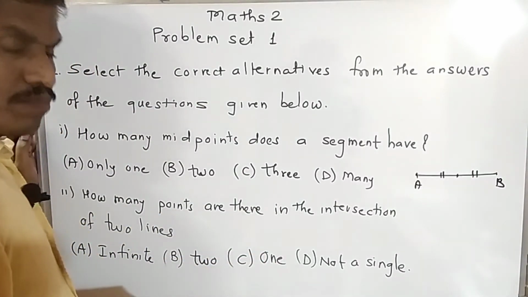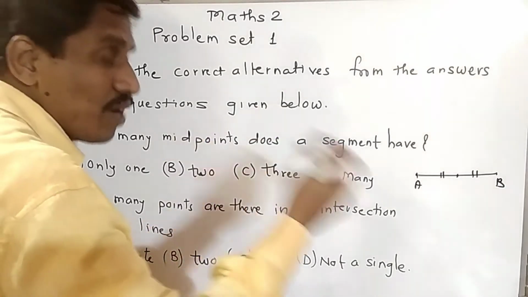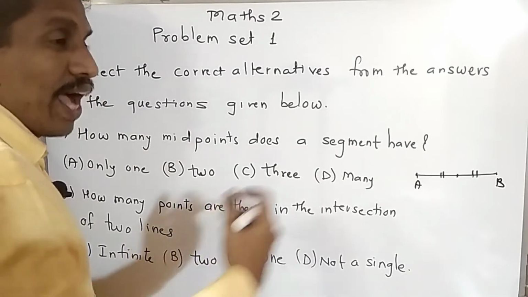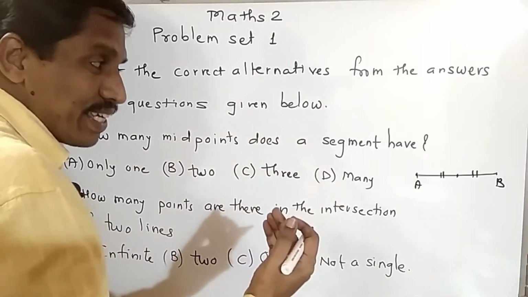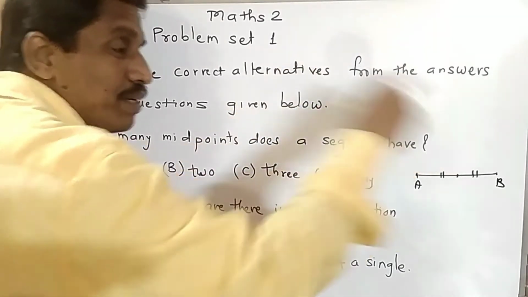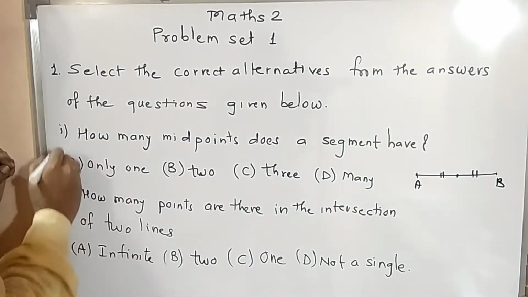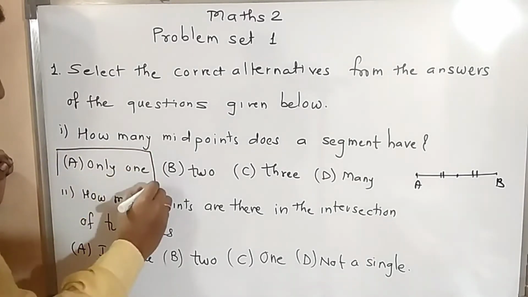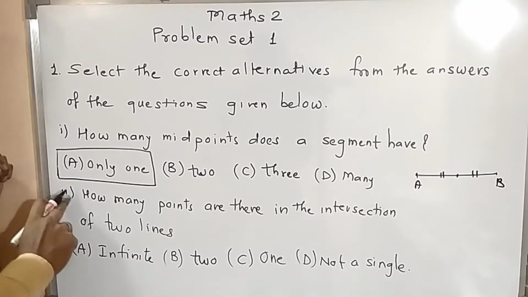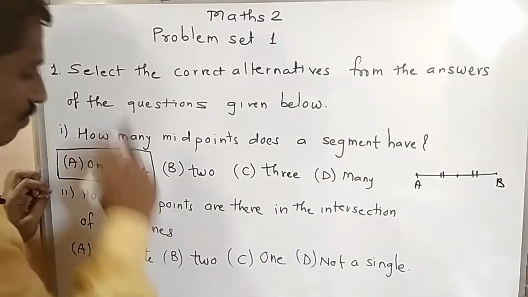Do you know the meaning of one and only one? When I am saying one, that is the existence of the midpoint, and only one indicates the uniqueness of that midpoint. So the answer is option A, only one.